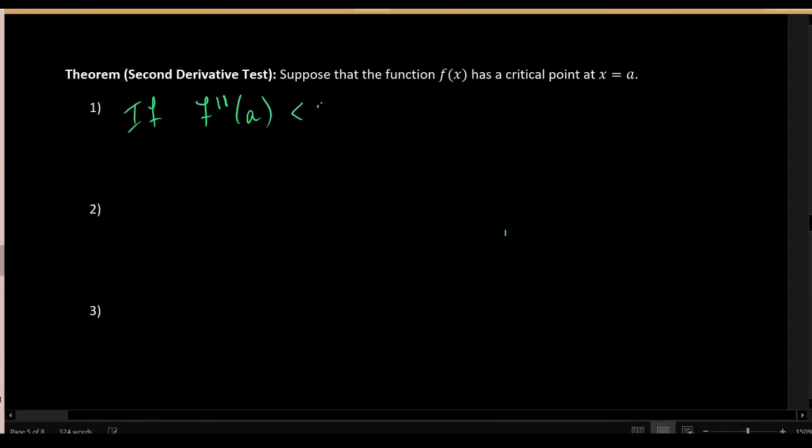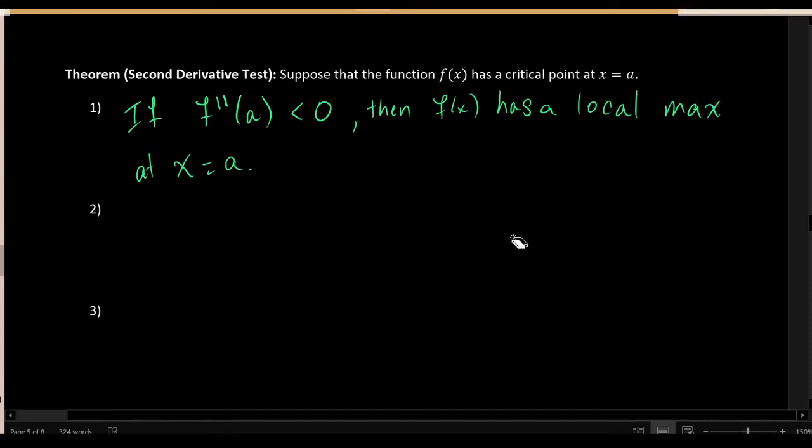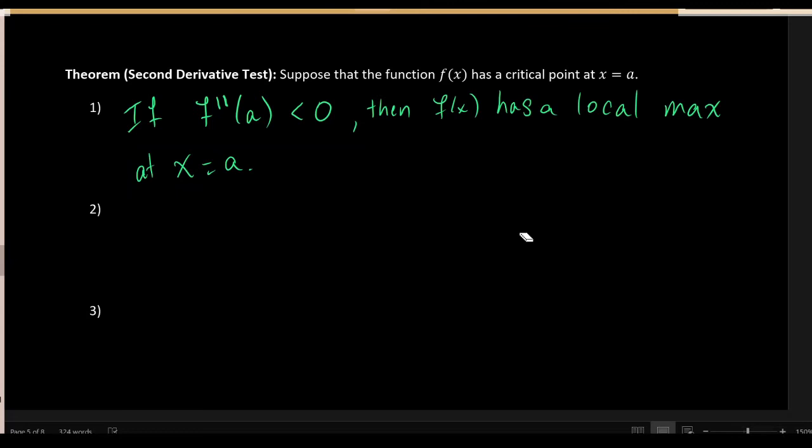If the result of that is negative, then the function has a, are you ready, a local max at x equals a. Now it might seem a little bit backwards to get a negative output from the second derivative and then have the original function have a local maximum.